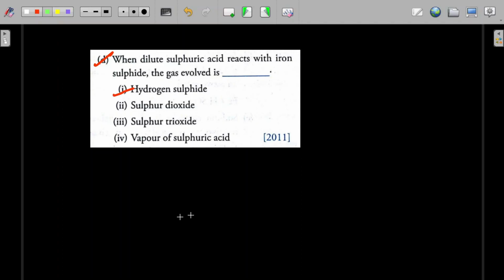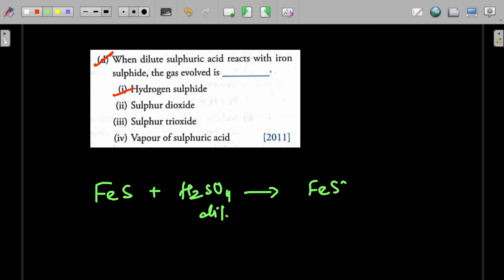Many of you write SO2 gas, which is not correct. FeS is a sulfide, and you're passing dilute H2SO4, so you will get the respective salt, ferrous sulfate, and H2S. And whenever they ask you to write the equation, definitely write dilute. If you don't write dilute, your marks will be gone, even though everything else is correct.